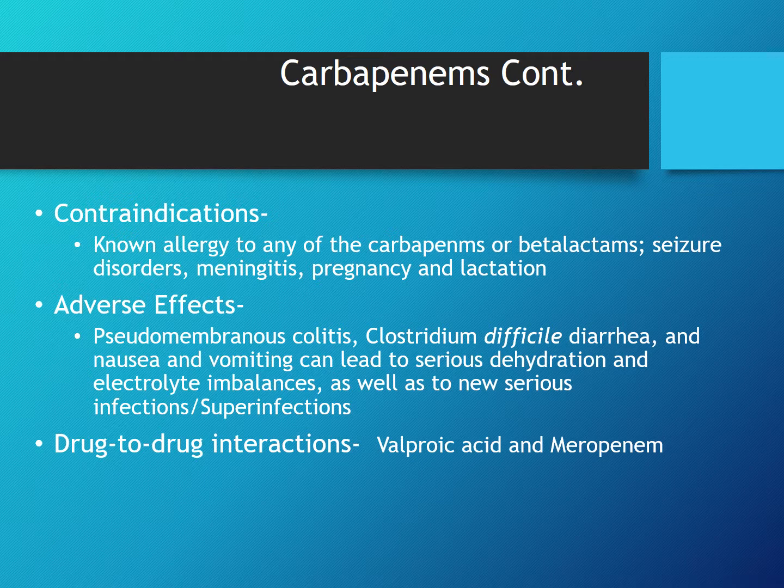In critical illness, they do have a broad spectrum of activity, and they are typically less resistant than some of the other medications that could be used. And in home care, these are not typically given in the home setting.